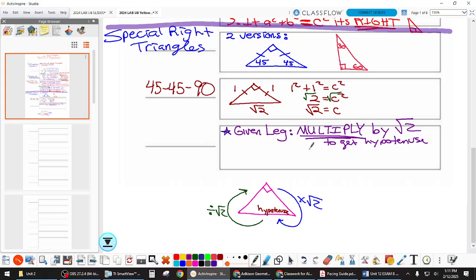And I think I'll just do that little word map. Leg times root 2 equals hypotenuse. What about that too? Does that seem helpful? Okay, let's do the other version. Given hypotenuse, what do we do now? Good job.